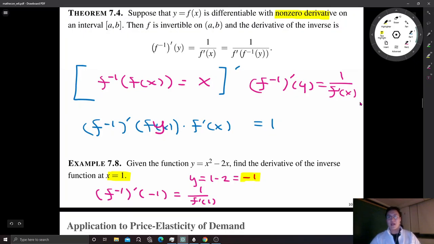Okay? So the derivative f prime is 2x minus 2. So at this point, this is a 0. And 0, that is infinite.